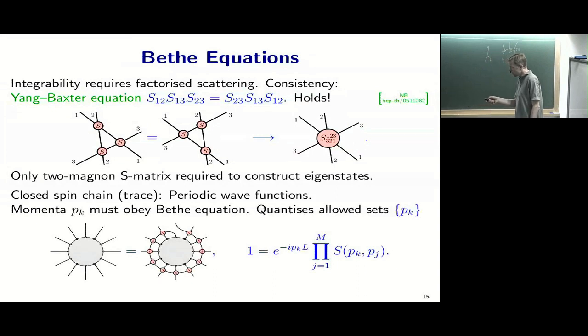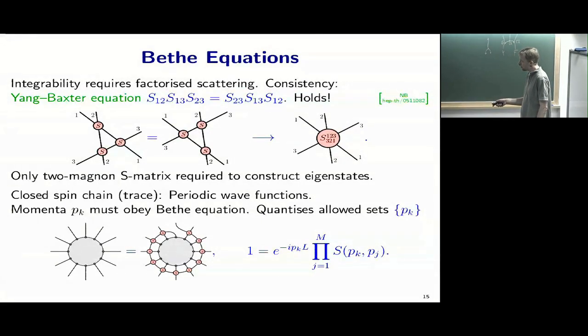But then we also have to go to closed spin chains. These are the traces, the local operators. And for that, the wave function in a certain sense needs to be periodic. And for that, the momenta must obey the Bethe equation. The Bethe equation is actually not too difficult to understand. What you do is you take this state, which is now on a closed chain, and you take one of these particles and just move it around the whole chain once around the full circle.